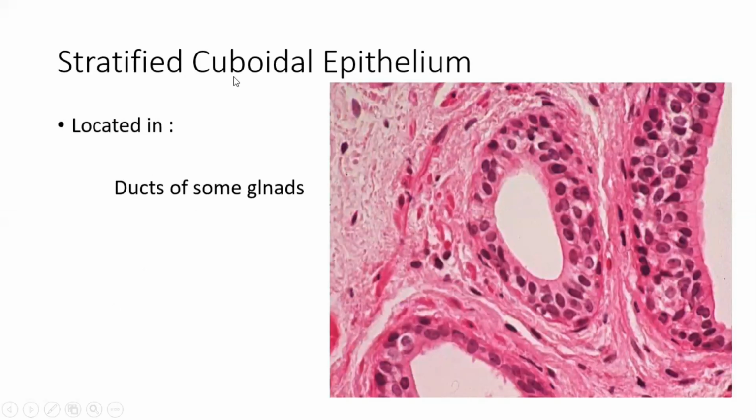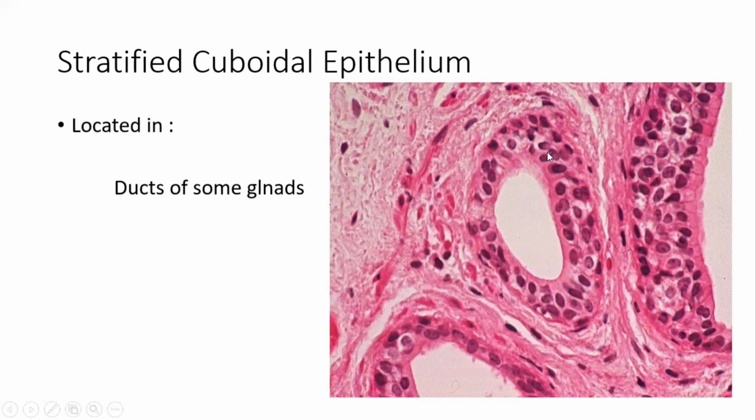Now, stratified cuboidal epithelium. They're located in ducts of some glands, as you can see here. So we know they are cuboidal. If you're not very certain whether they are cuboidal, squamous or columnar, what you can do is look at the shape of the nuclei.